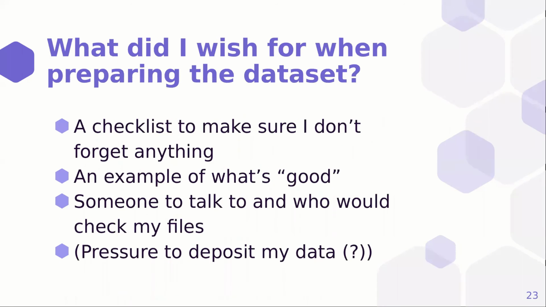And then personally, what did I wish for? When I was preparing the data set to submit it to Zenodo, great would have been a checklist, because I always felt very unsure if I forgot anything. Then an example of what's good, because all I knew was data available on request. So I didn't know an example to copy.